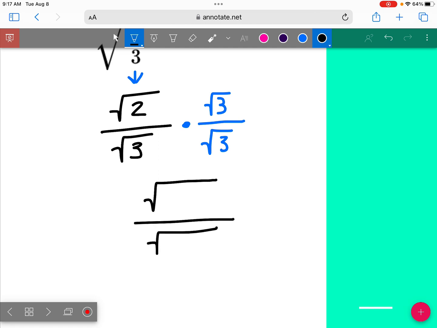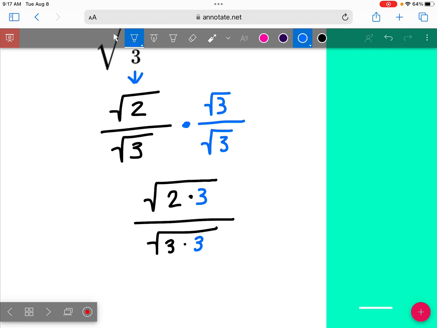If it helps you to do this step, you can. 2 times 3, 3 times 3. I'm just doing this so you can see it. You do not have to write this step out, but since we had a couple people get lost on that step, I'm drawing one more step in so we can see it.